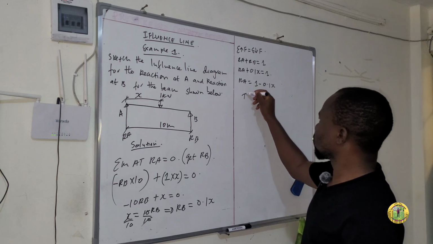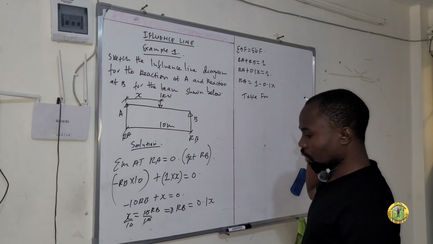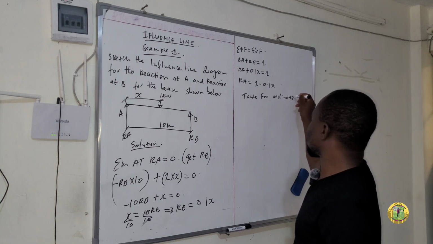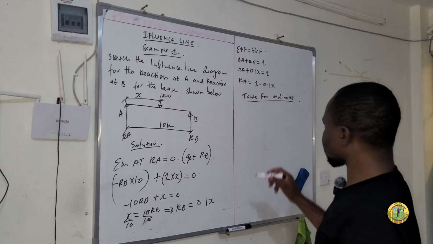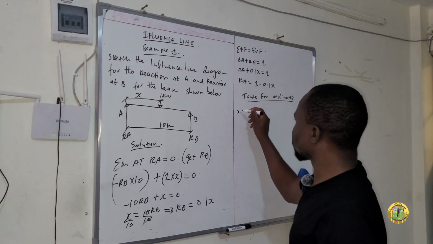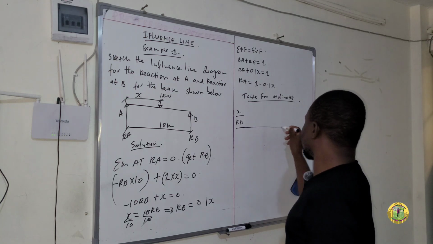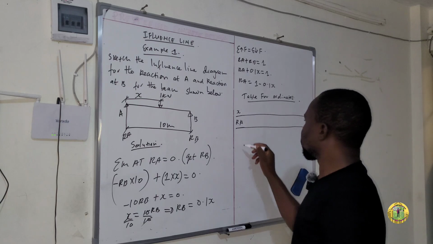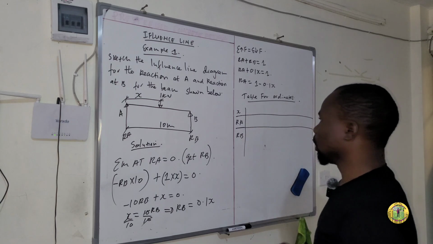So table for ordinate, like that. We will have x, and then reaction A, and then reaction B, like that.